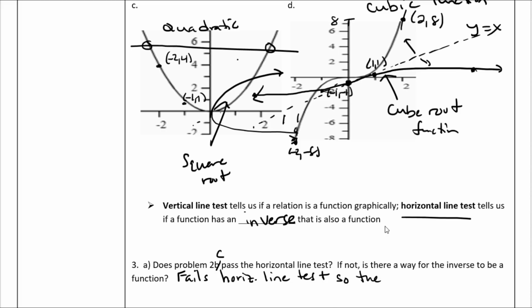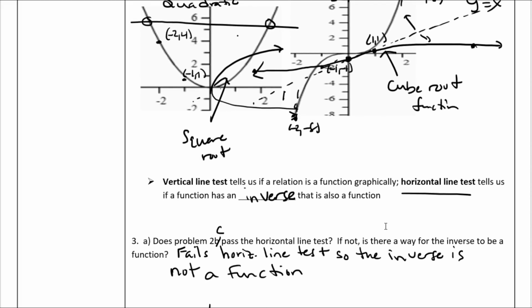So the inverse is not a function. It's not saying that the original is not a function. The original is a function, but the inverse is not a function.